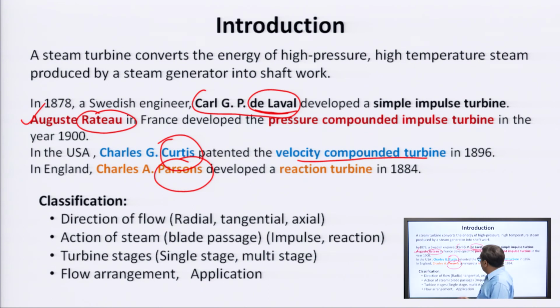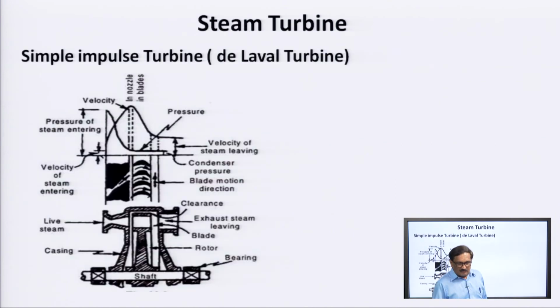Turbine stages give single stage or multi stage turbines, depending on whether a number of rotor blades are coupled. Then there is the flow arrangement, such as tandem or double flow, and finally the application for which the turbine is used.